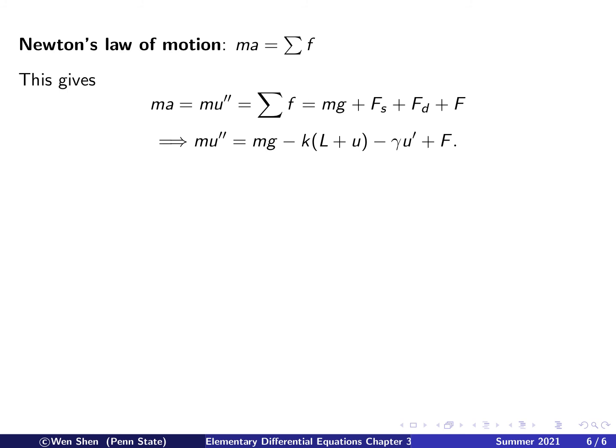Okay, so let's remove the unneeded terms and extract the important information here. It says m u double prime equals this, where we plugged in each term. So mg, and the spring force is this term here, and the damping force is this term, and the external force.